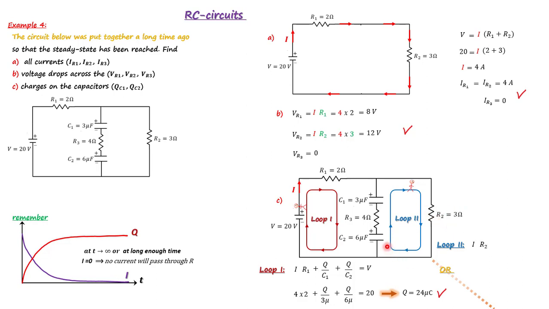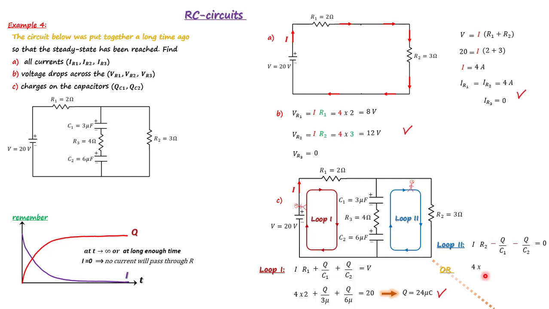Now when I come here, I'm moving from the negative plate to the positive plate. So then it's minus Q over C1. There is no potential drop here across R3 for the same reason, because there is no current. Then here I'm moving from the minus plate to the positive plate. Then I have minus Q over C2, and on the right side there is no battery, so it must be 0.